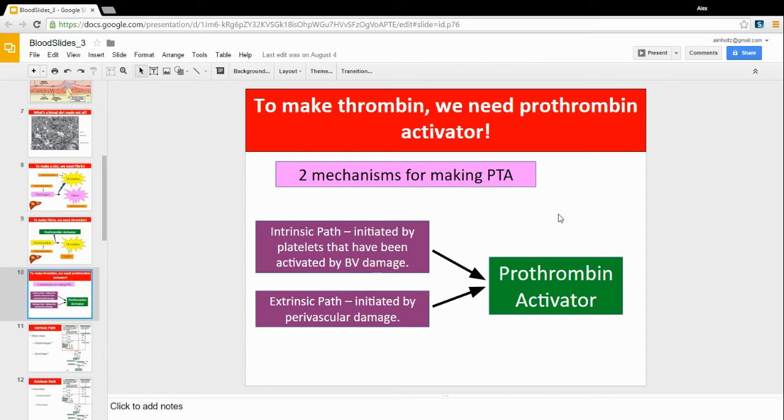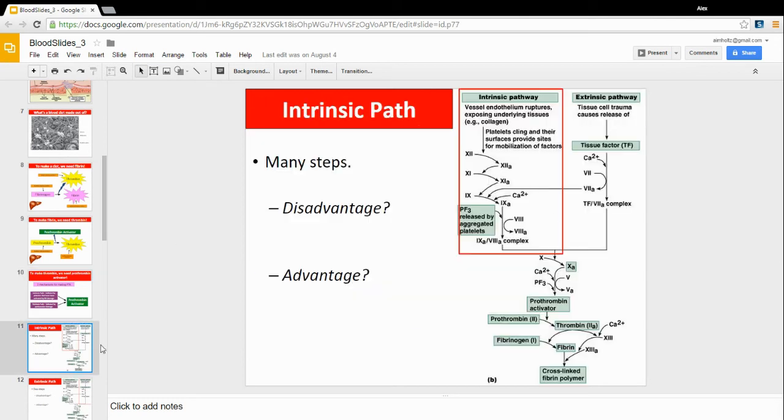Question is, why have two paths? And let's look at the advantages and disadvantages of both and see how they work together. All right, check out this big pathway on the right-hand side here. My cursor is dancing over it. At the bottom, it says cross-linked fibrin polymer.